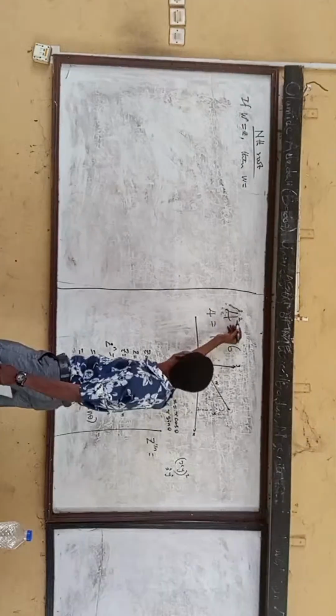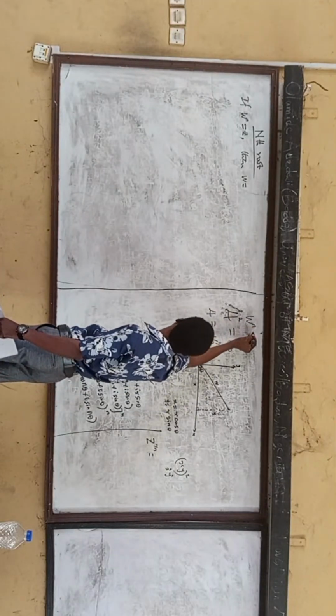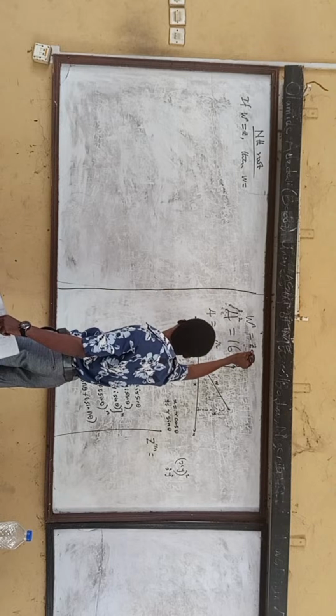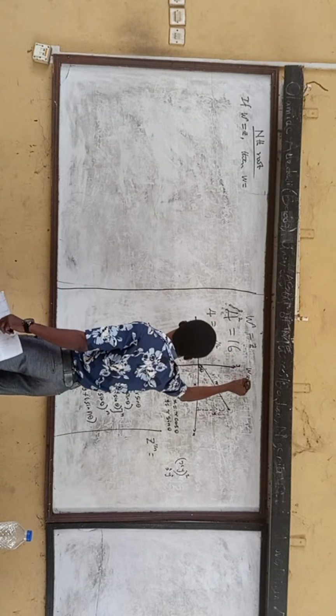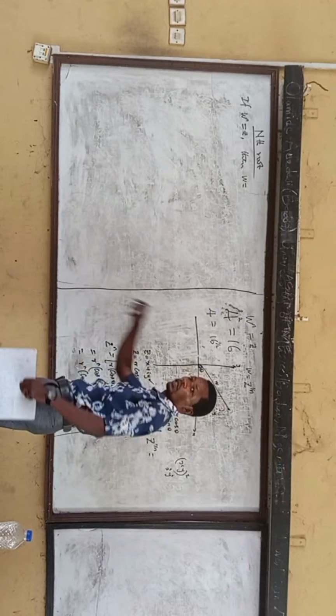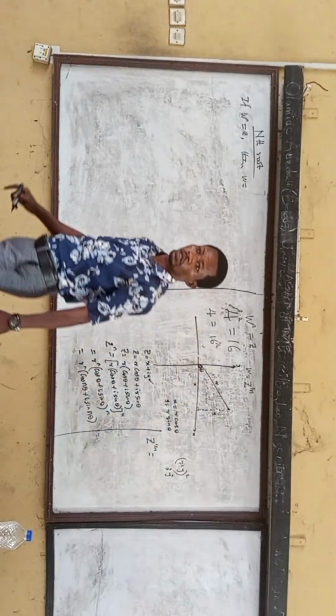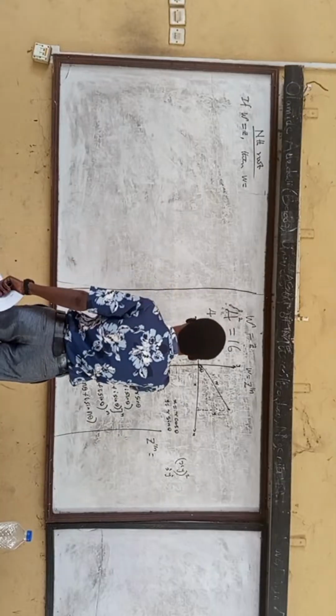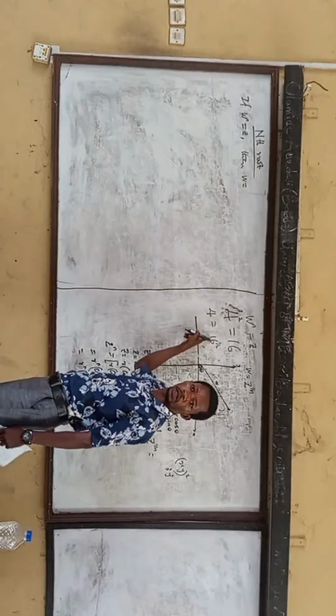So if I write W raised to the power n and it's z, it means that W is z raised to the power 1 over n. So that gives the nth root. How many roots will you get here? 2.